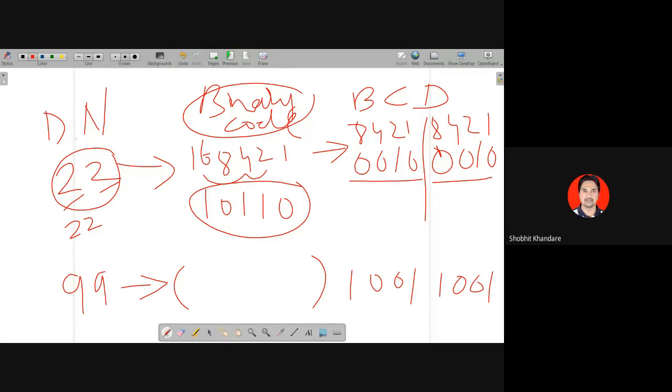So today you have understood what are the decimal numbers. हम कौन कौन से decimal number लिख सकते हैं? How do you identify the decimal numbers? How do you recognize the decimal numbers? Today we have understood that binary code will follow 1, 2, 4, 8, 16, 32, 64, 128 and so forth, depending upon the decimal number जो हम लेना चाह रहे हैं.